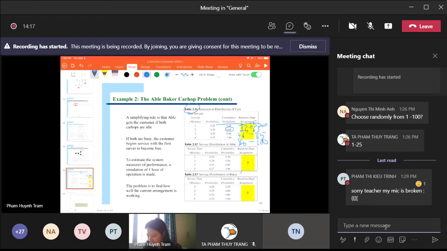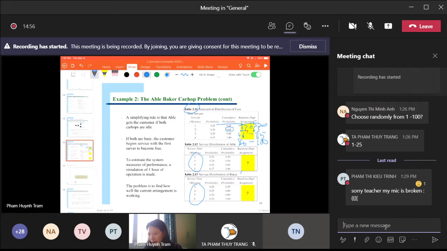It is because in our data, Able is a little bit faster than Baker. So we assume that if both of them are free, the customer will go to Able. But if both of them are busy, then the customer will begin the service with whoever is free first. If there's only one server free, then there's no choice. The customer will go to the free one. So that will be our rule.